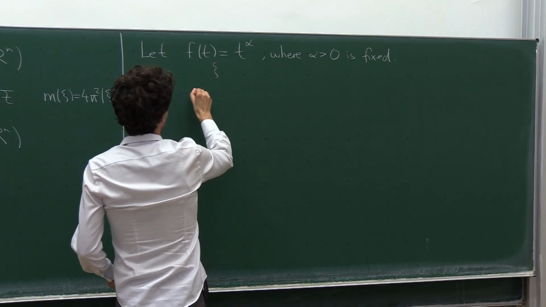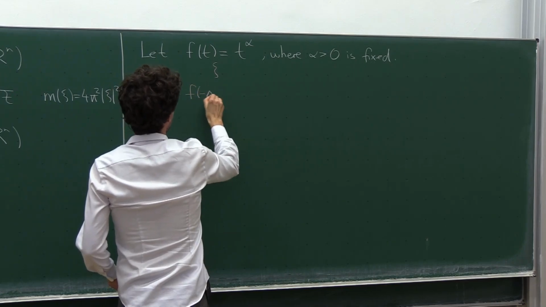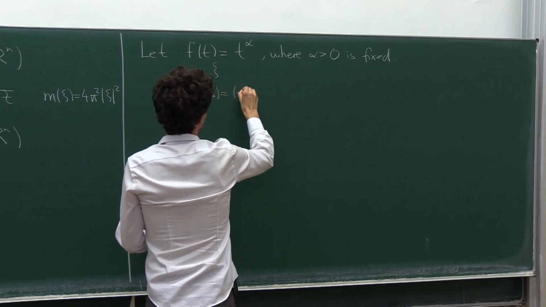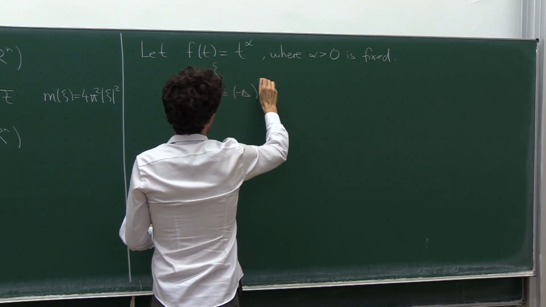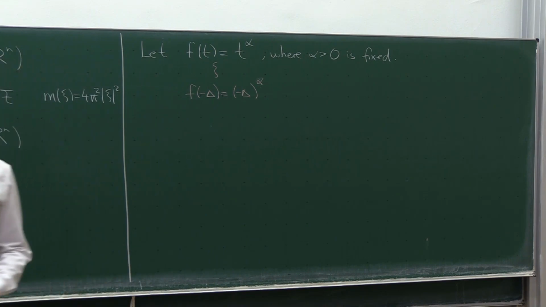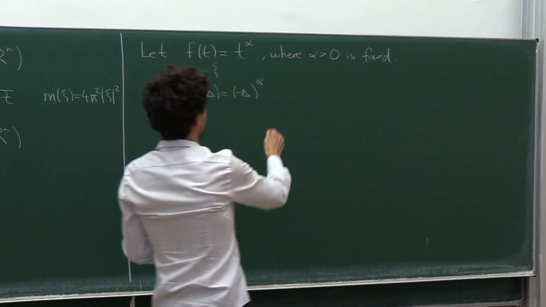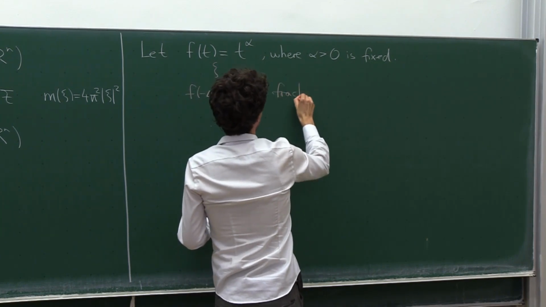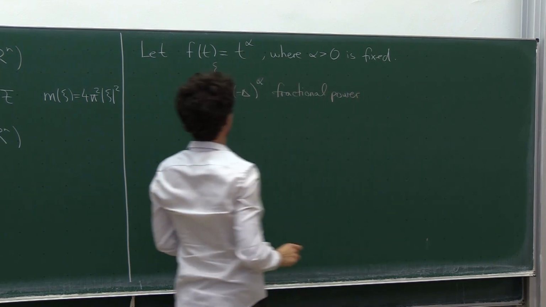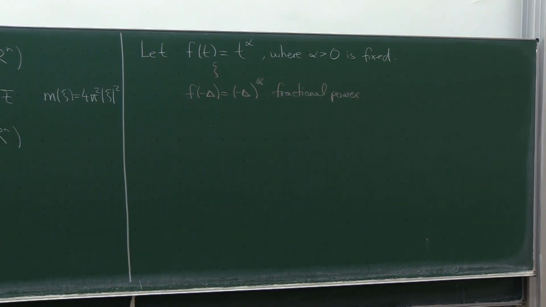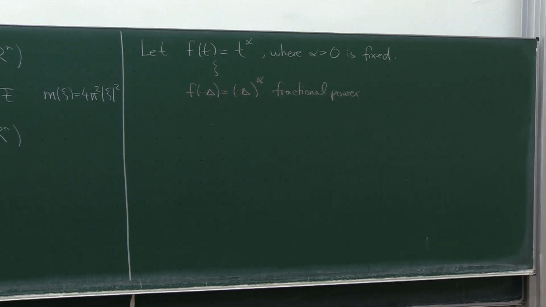The operator that you get, f of minus delta, I'm going to write more suggestively as minus delta to the alpha. And this is a fractional power of the Laplace operator. I mean, it is defined just through the functional calculus. And now what I want to do with it is investigate these fractional powers.